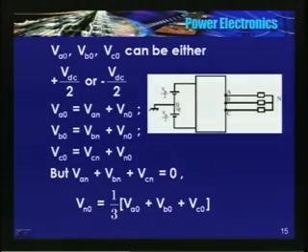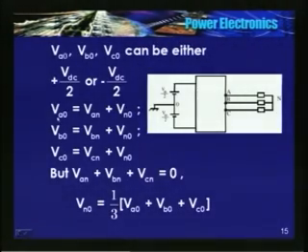Again I am taking the center point of the DC link as a reference point. So when the upper device is on, potential of A, B, C is VDC by 2, and if the lower switch is on, it is minus VDC by 2.